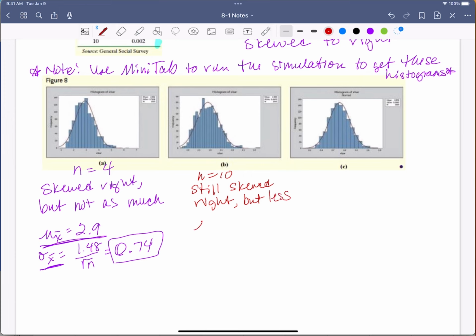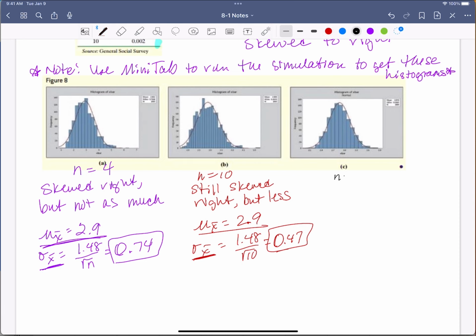My mean is still my mean. What about this standard deviation? 1.48 divided by the square root of 10. Plug that into your calculator. I get 0.47. Is that what you're getting?